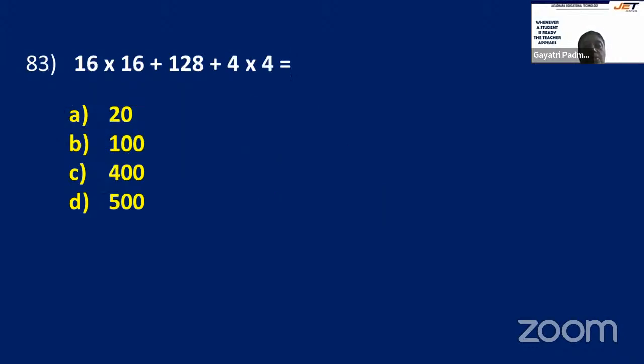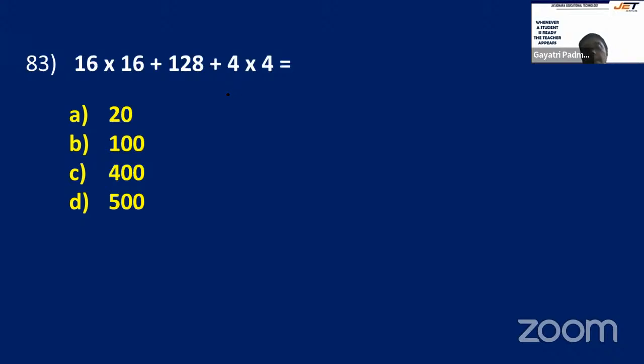So this is a simple method of solving the sums. Now the next one: we have 16 into 16 plus 128 plus 4 into 4. Is there an easy method of solving this?